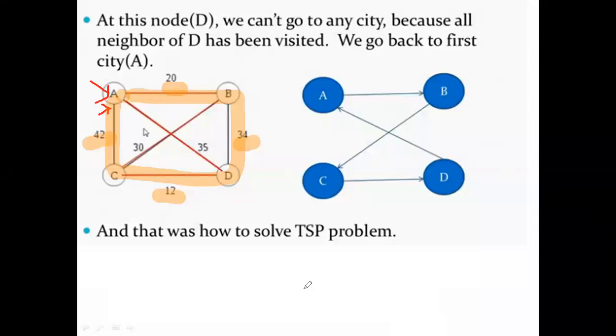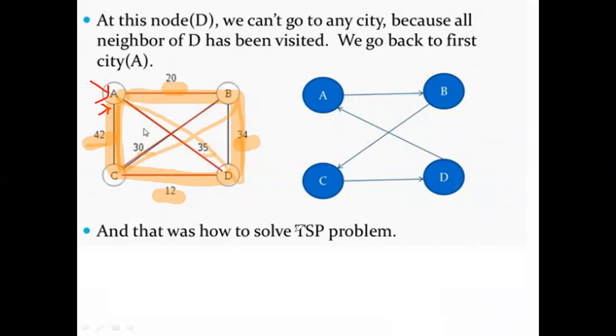This has another problem: you may visit A to B. That is A to C, C to B, and B to D, D to A. So what is the cost? 42, 30 plus 34 plus 35.